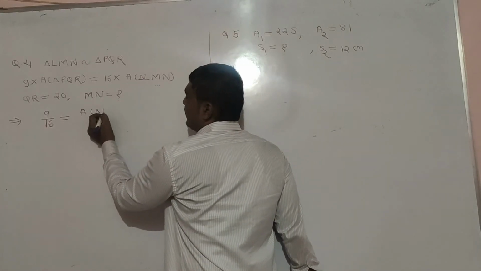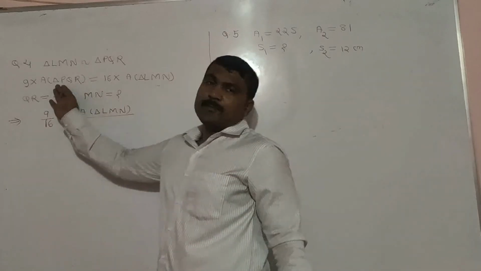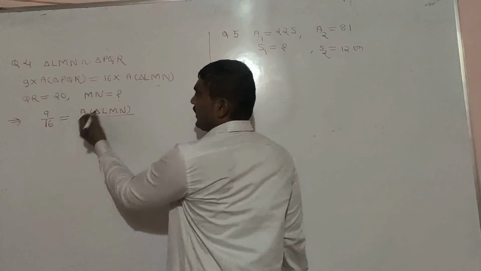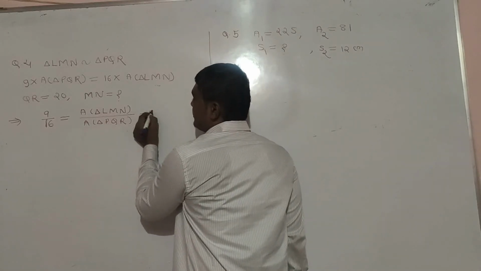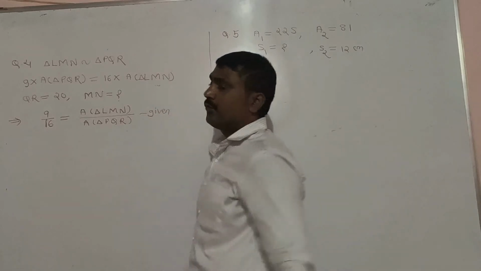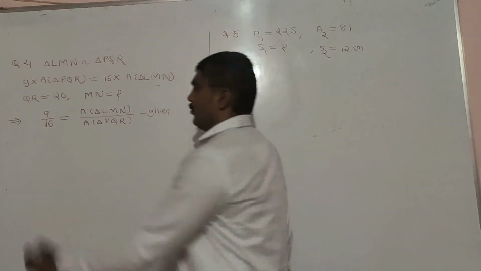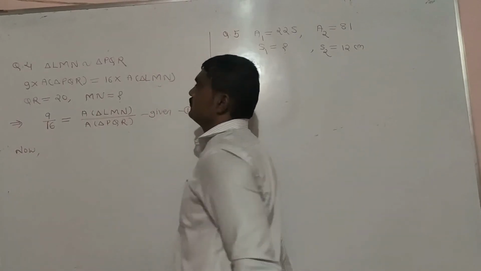Area of triangle AMN upon area of triangle PQR. When it goes to the right side it becomes divide. So we can write area of triangle PQR. This is given. I have just interchanged these two terms. Understood? Say it is equation number 1.